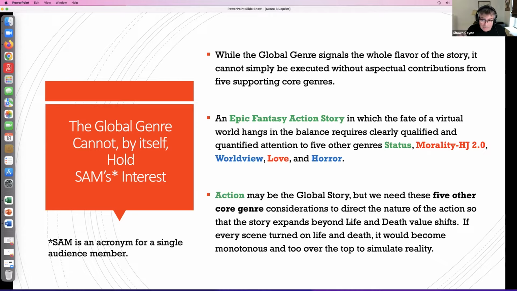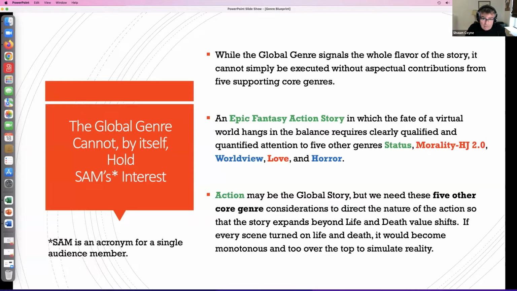I've got nothing against Joseph Campbell, but he misconstrued, in my estimation, the heroic journey as a result instead of a process. So I reconfigured the heroic journey. That's why I don't call it the hero's journey. It's the heroic journey, and it's 2.0 because it's processional. There's no end product other than development. I don't want to get too much into that, but morality is HJ 2.0. Okay, then we have worldview, love, and horror.